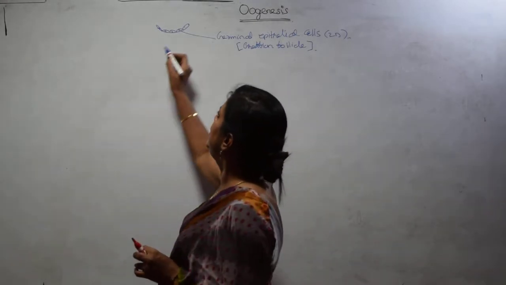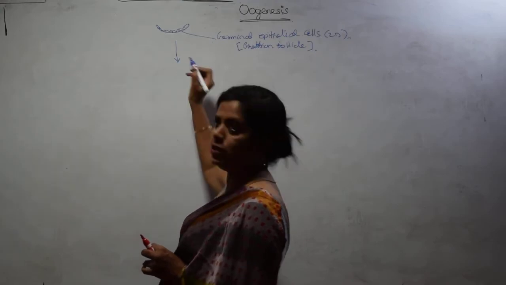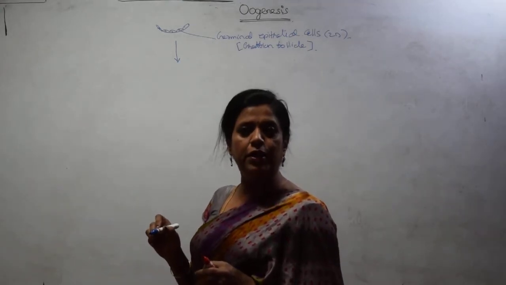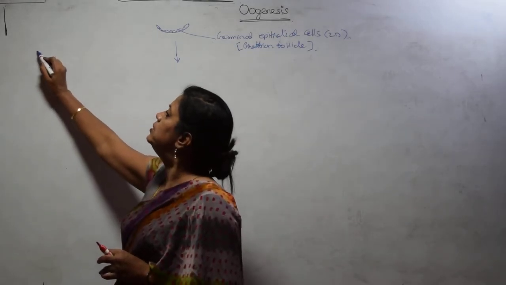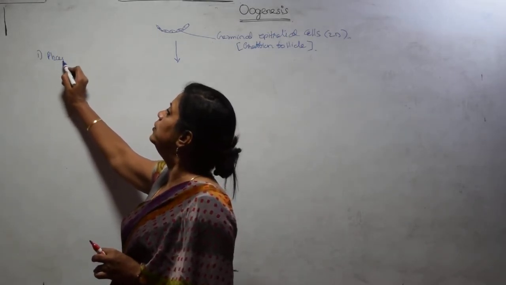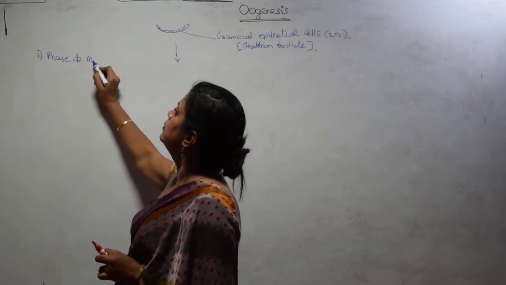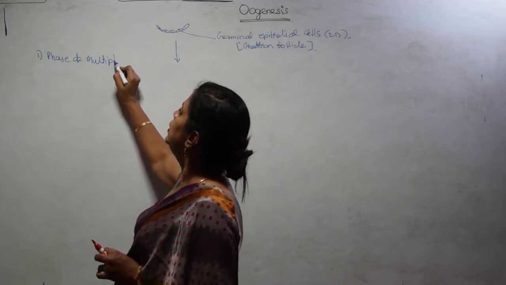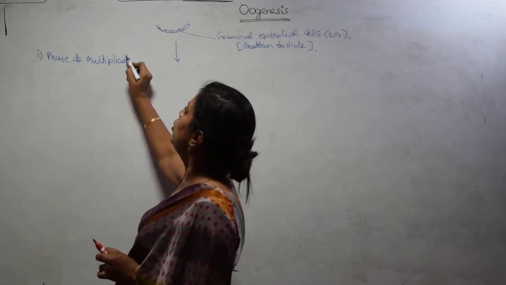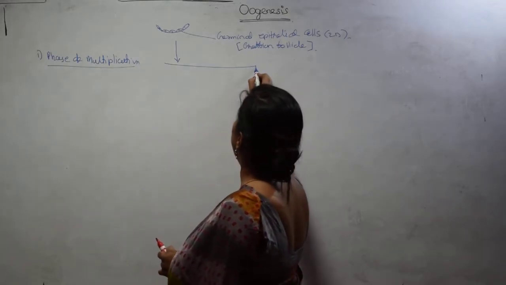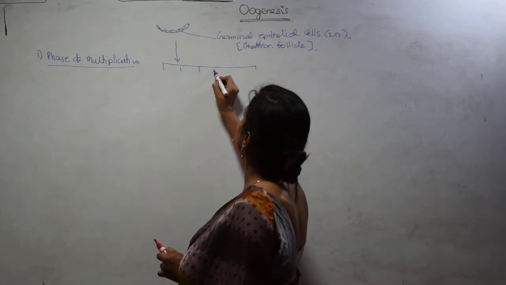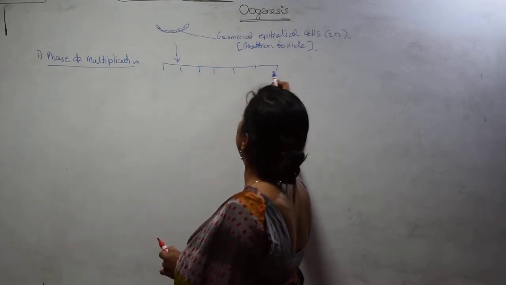Right? The first stage, as you have already learnt in spermatogenesis, is the phase of multiplication. So the first stage I am writing is the phase of multiplication. This is repeated mitotic division. I hope you know it. So from each cell you will get a number of such diploid cells.